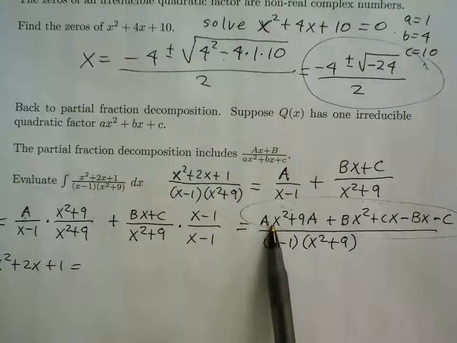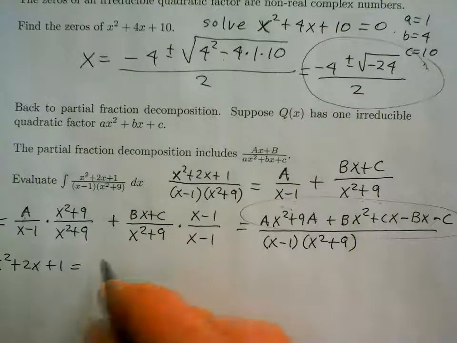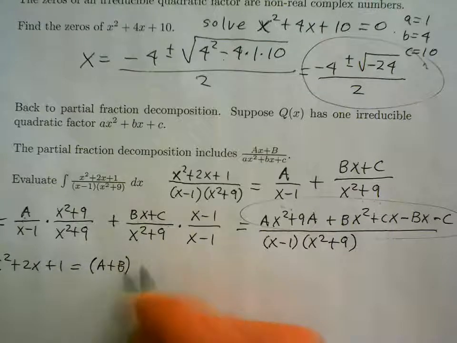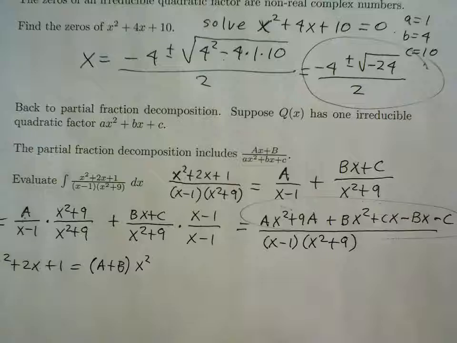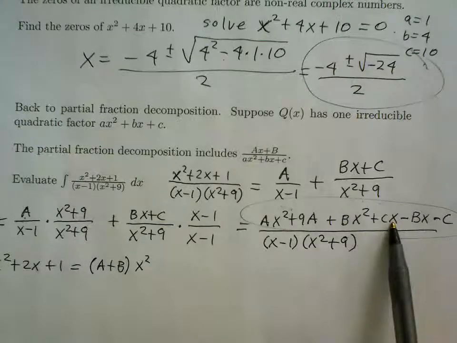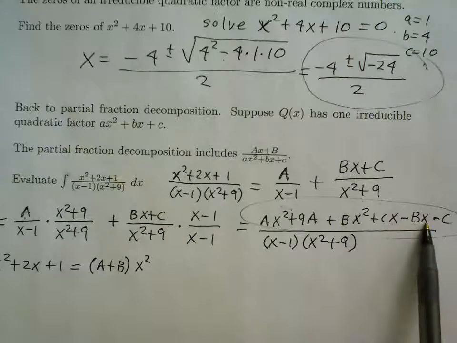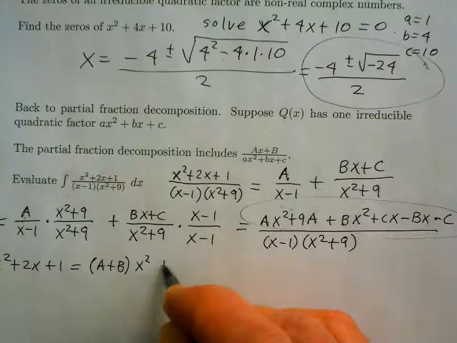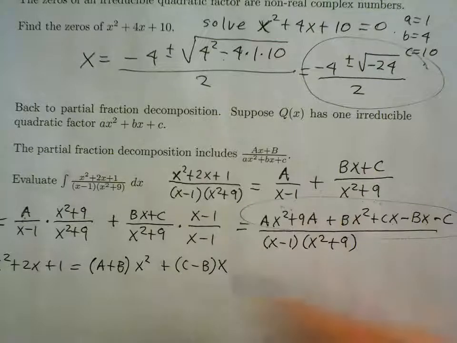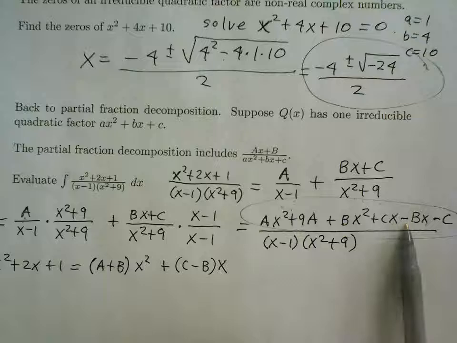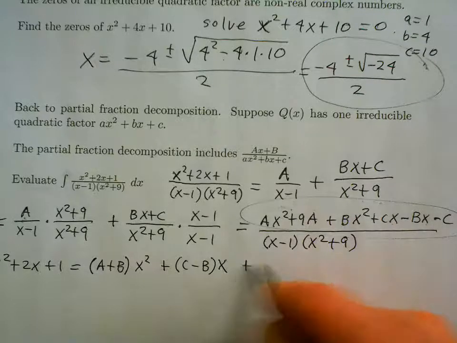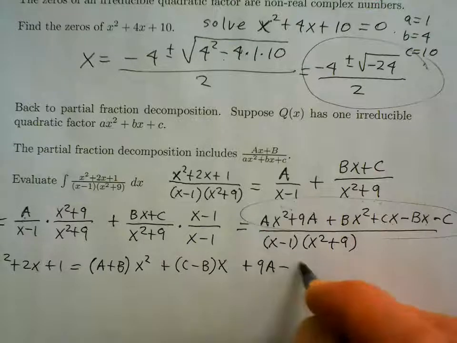We have Ax squared plus Bx squared, which we'll write as the quantity A plus B times x squared. The terms with one factor of x, Cx minus Bx, we'll write as plus the quantity C minus B times x. And the constant is 9A minus C.